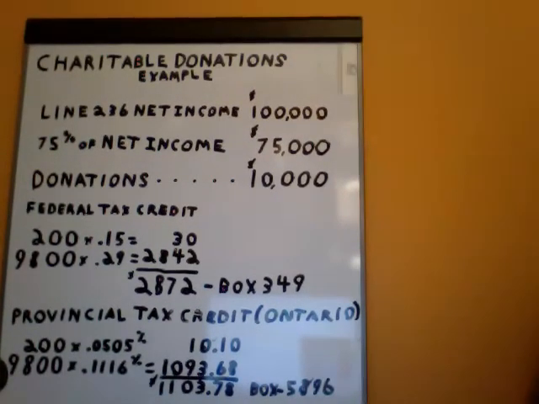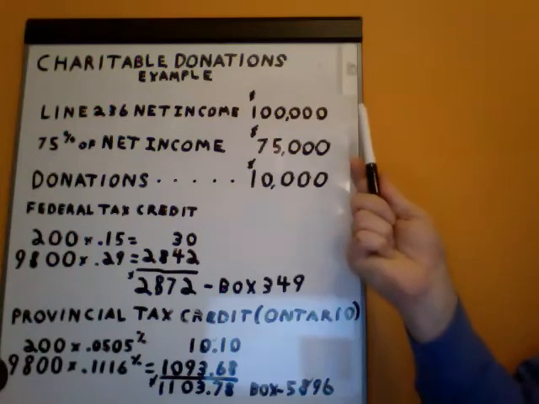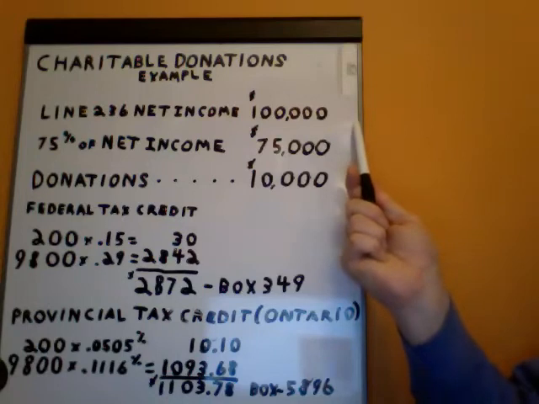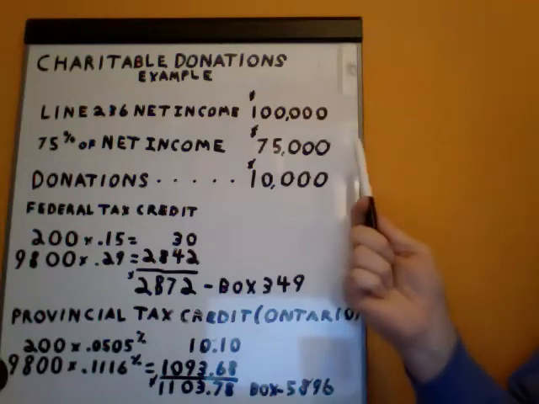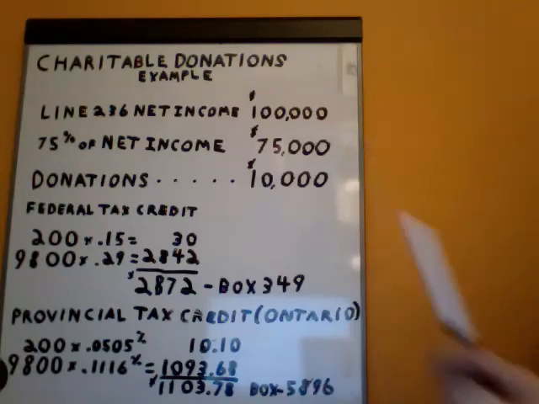My charitable donations example. I mentioned to you before, the limit for charitable donations in 2011 is 75% of your net income. So my net income on line 236 of my T1 general income tax return would be $100,000. 75% of that is $75,000.